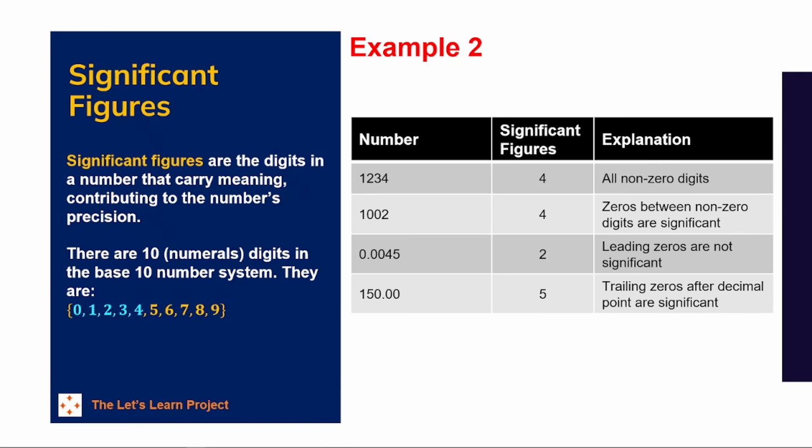Then the number 150.00 has 5 significant figures, because the zeros after the decimal point are significant, and the 0 after the 5 is also significant because it is occurring in between 2 significant figures, the 5 and the 0 after the decimal point. So the number 150.00, even though the zeros are trailing, has 5 significant figures.